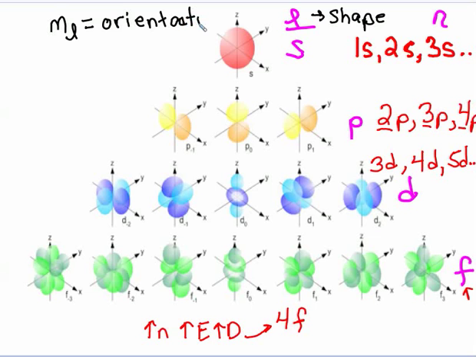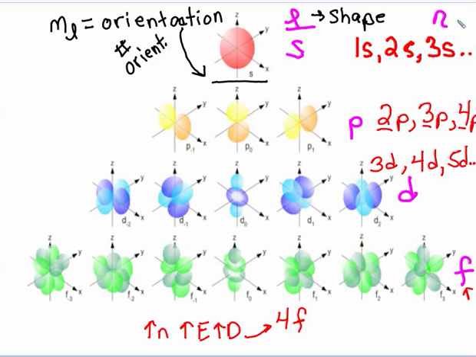So it's going to tell us how many ways it can be oriented in space. Now there's only one way we can orient a sphere in space. And so there's only one M sub L. And we're going to denote that at this level with a line. So the number of orientations is going to be shown by using a line.